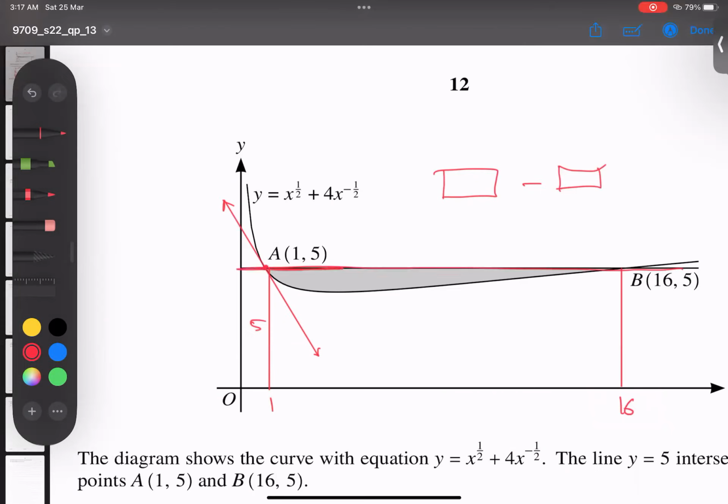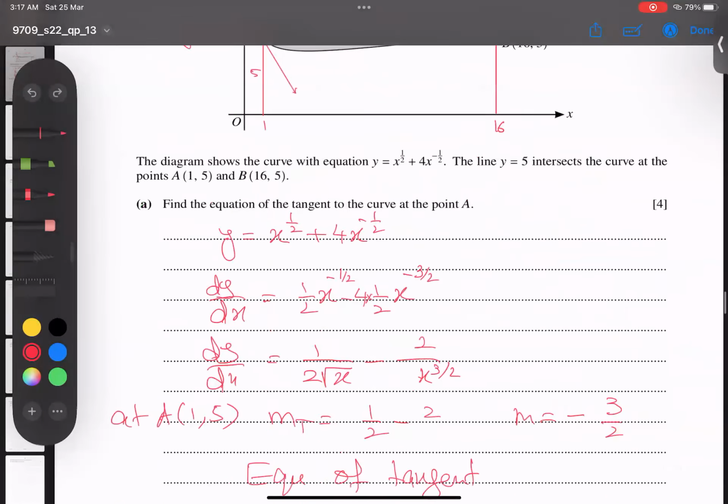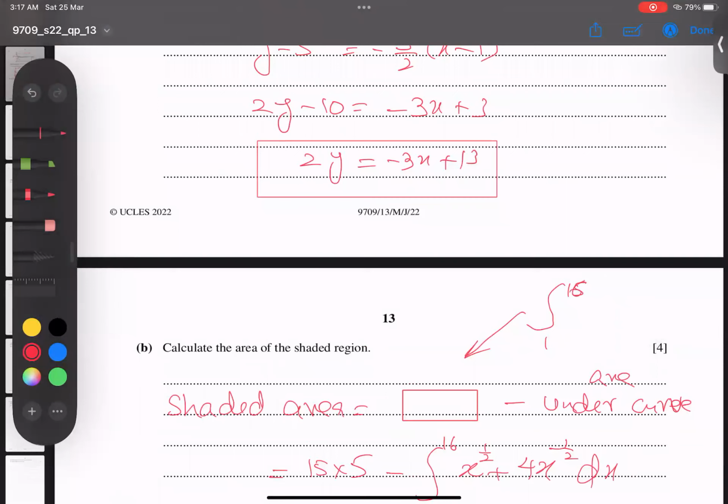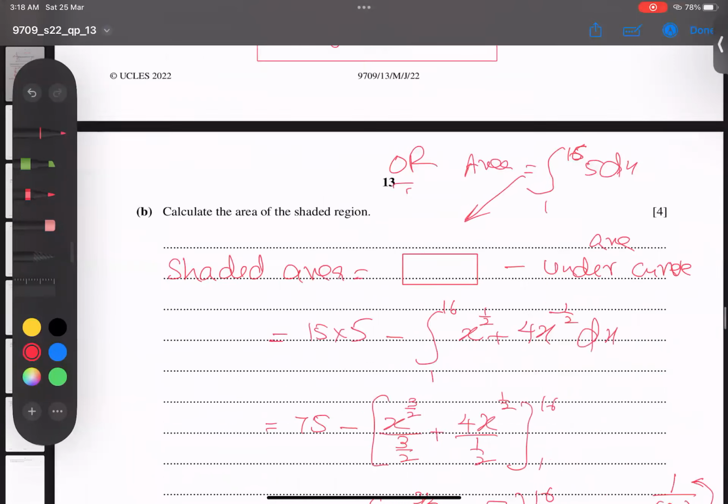It is called y equal to 5. I repeat my words: this 5 I will put inside the integral sign. So 1 to 16, if I integrate 5, I will get the area underlined. Or the second option we have, as I explained to you. So I hope the point is very, very clear.